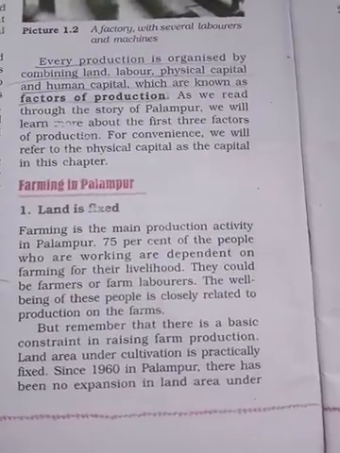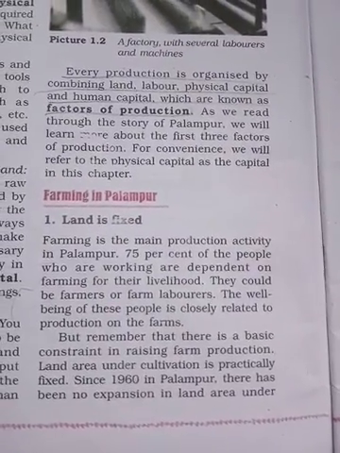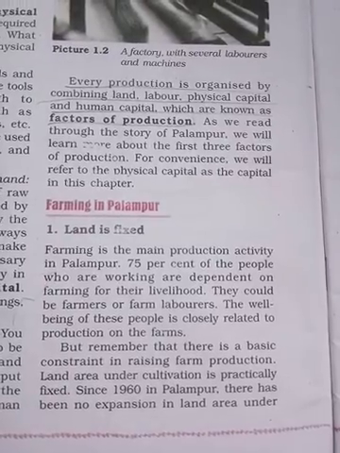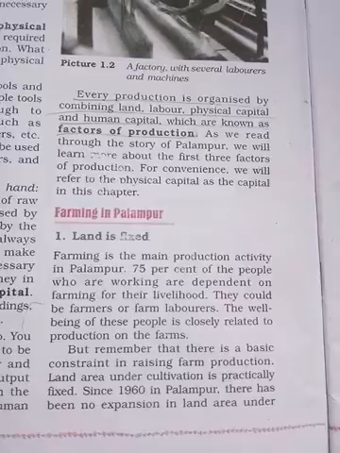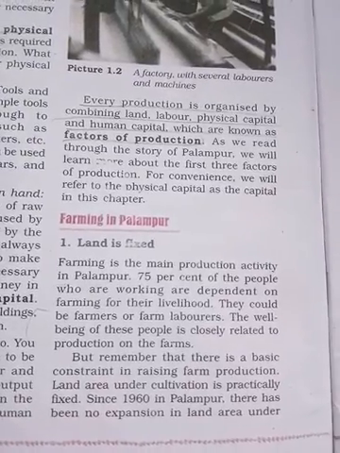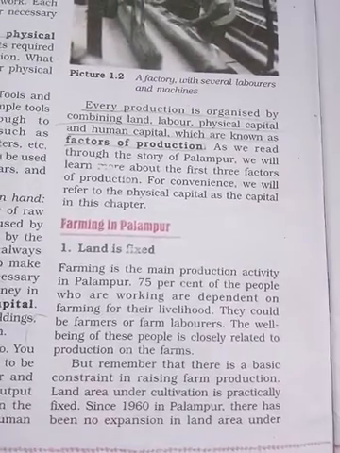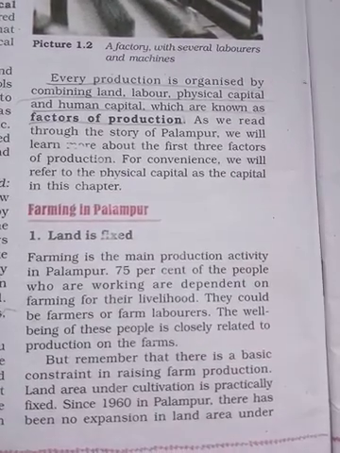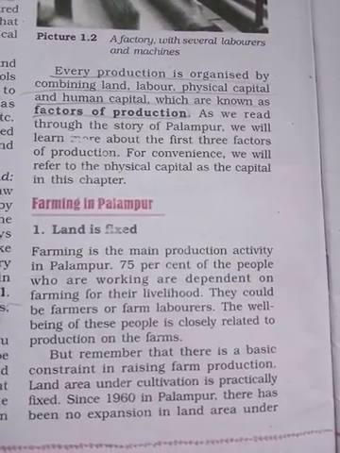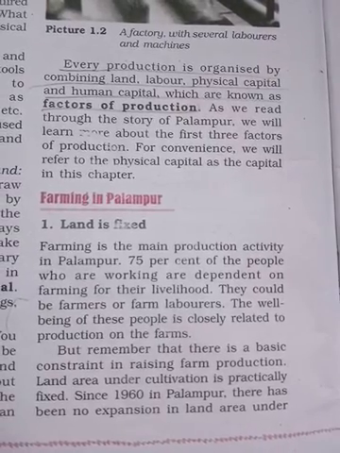The first one: land is fixed. Farming is the main activity in Palampur, as I have already told you. Seventy-five percent of the working people in Palampur are dependent on farming for their livelihood.